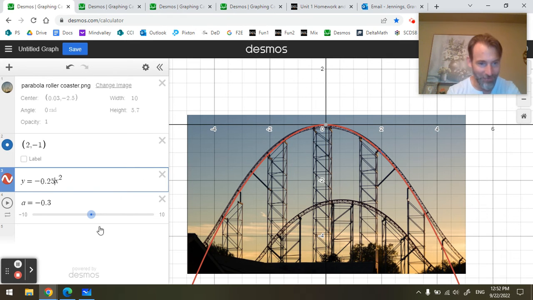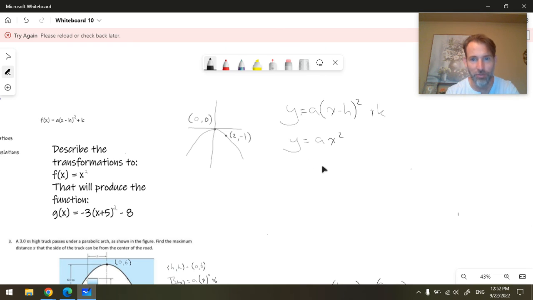Let's do it with algebra now. And then we'll compare our results. Okay, so with algebra, what I'm going to do is take advantage of the fact that I know one other point besides the vertex. So this is telling me that there is a point (x, y) on this parabola such that when x is 2, y is negative 1. So I'm going to substitute these values into this parabola. So when y is negative 1, I know that x is 2.